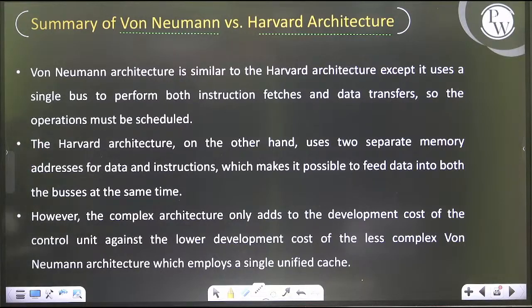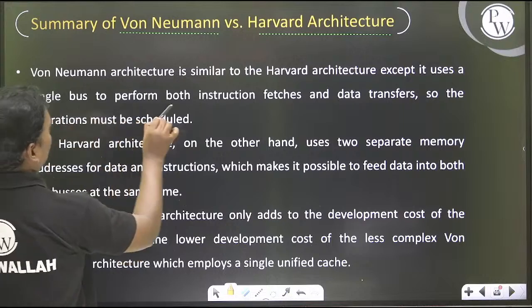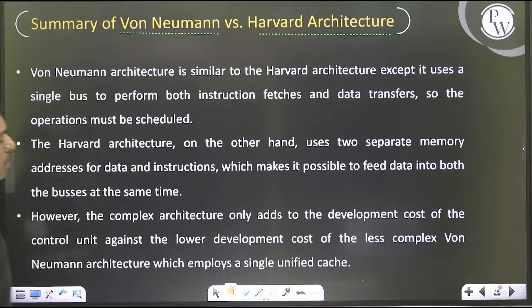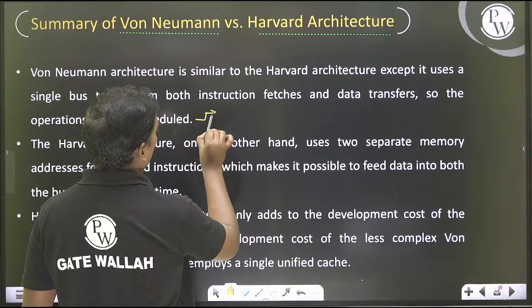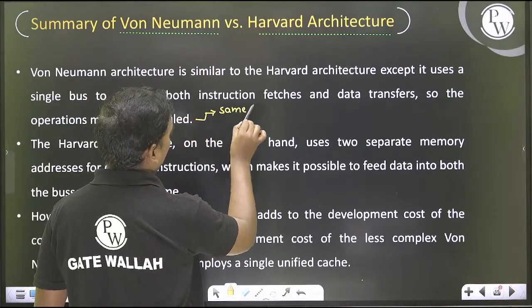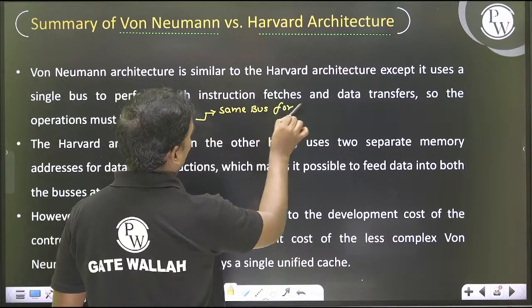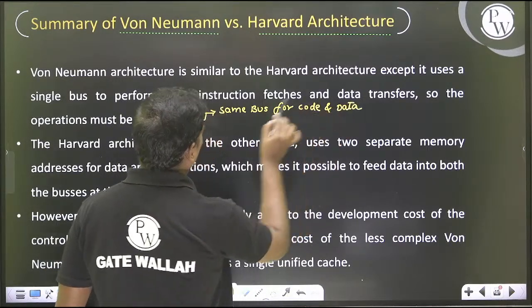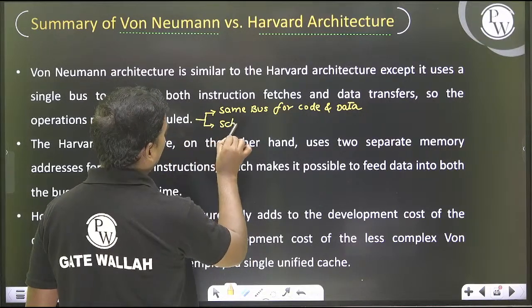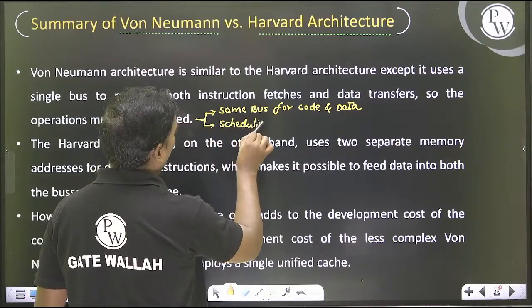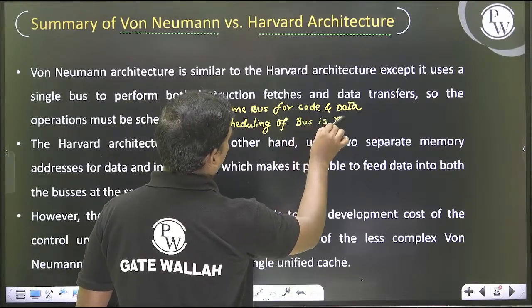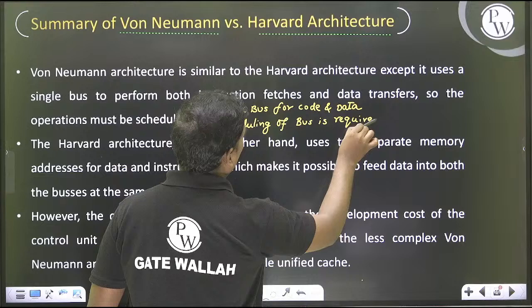Von Neumann architecture is similar to the Harvard architecture except it uses one bus to perform both instruction fetch and data transfers, so the operations must be scheduled. So here the same bus is used for code and data, so scheduling of the bus is required.